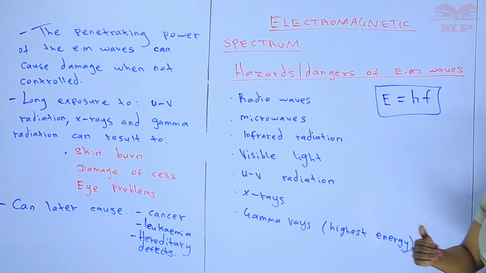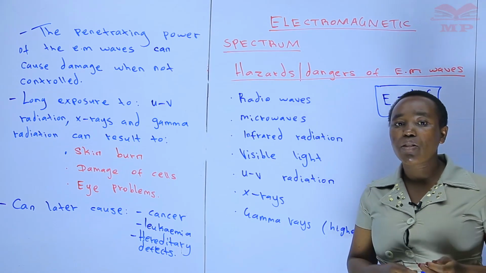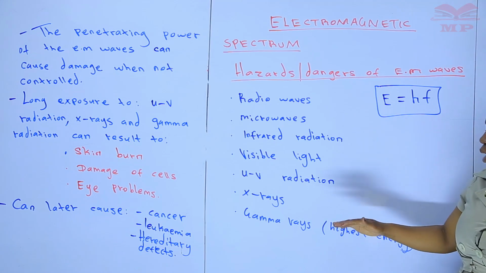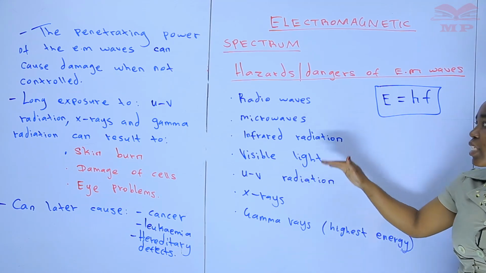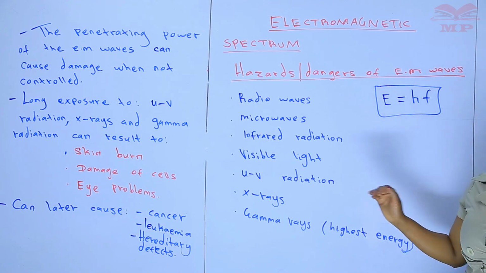Again, we also need to have shielding materials. There are shielding materials that are used, especially in those companies where there is some emission of these electromagnetic waves, so that they can absorb the radiations.